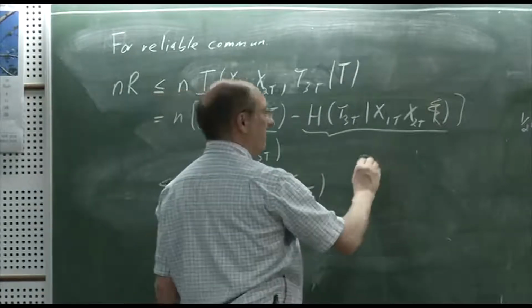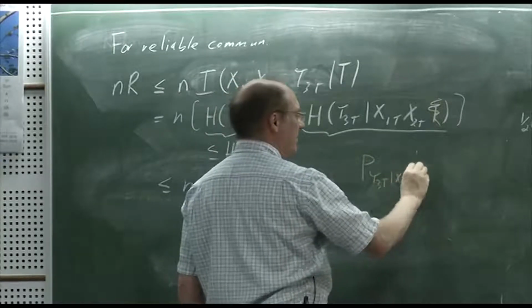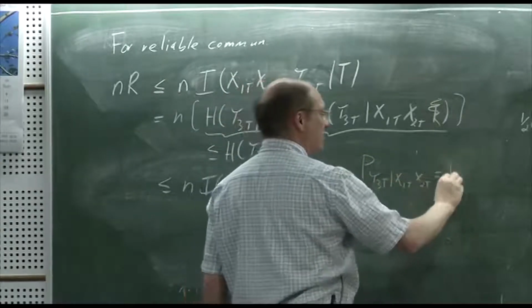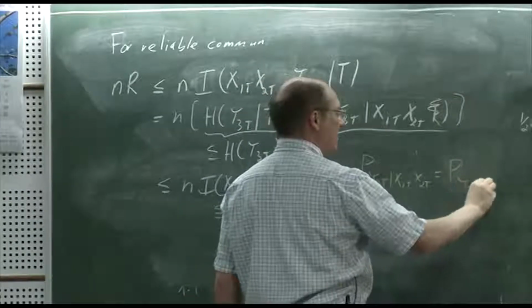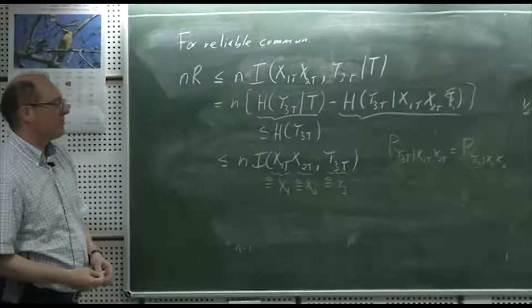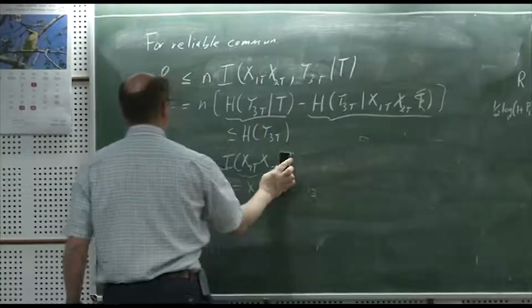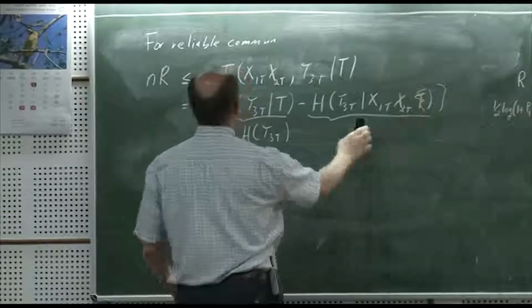It's p of y3t given x1t, x2t, which is just p of y3 given x1, x2. That just follows from how these random variables are defined. So anyway, there's the second bound.